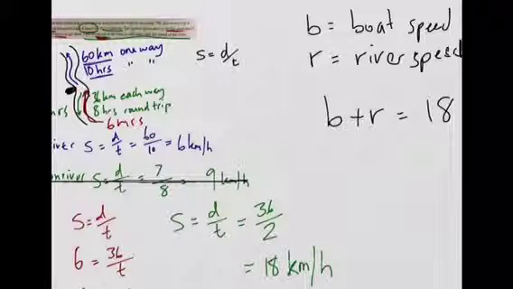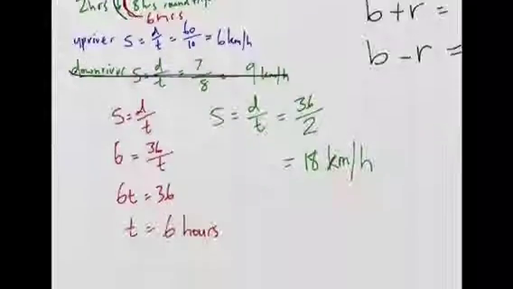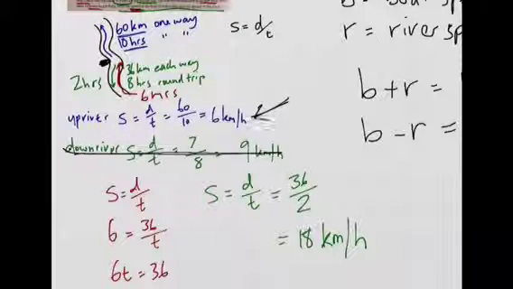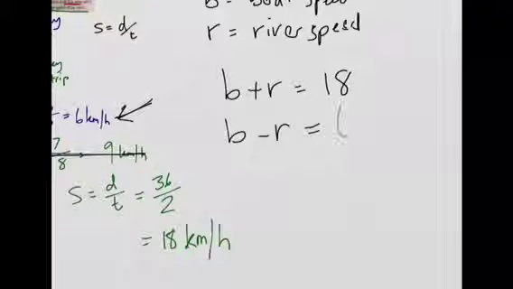So you could take the boat speed and subtract the river speed, and that would give you a speed up the river of, we worked out, 6 kilometers per hour.